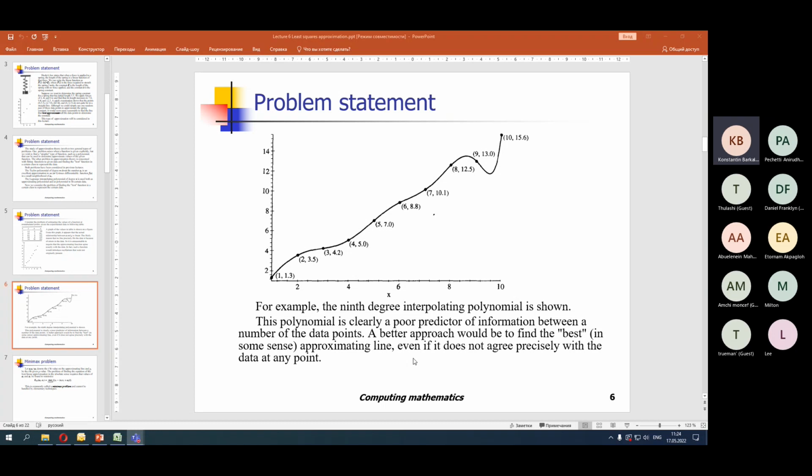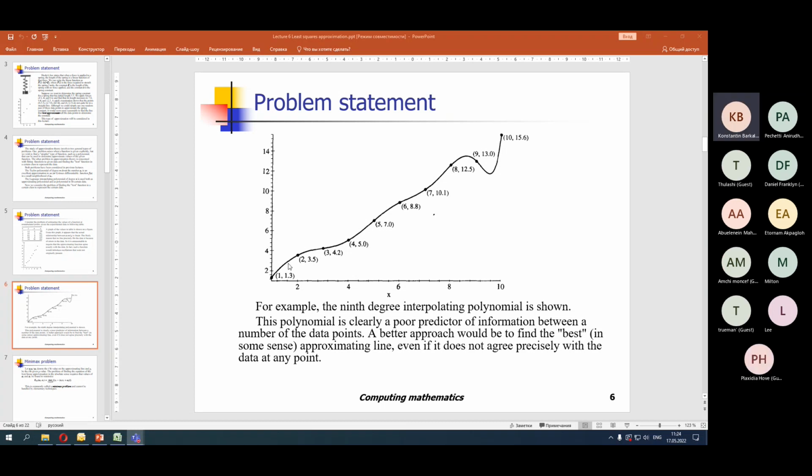We discuss a bit about it later. What is the meaning of the word best? It means even this line doesn't pass exactly through all of these points, because of course there is no line that can pass through all of these points.